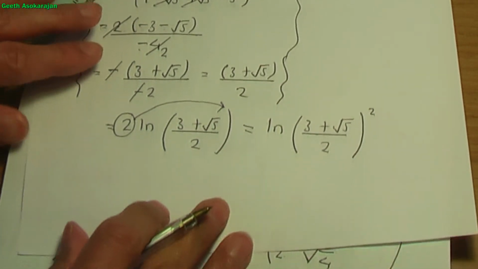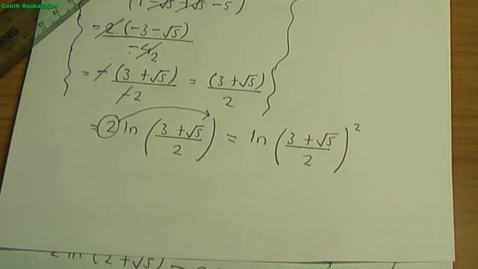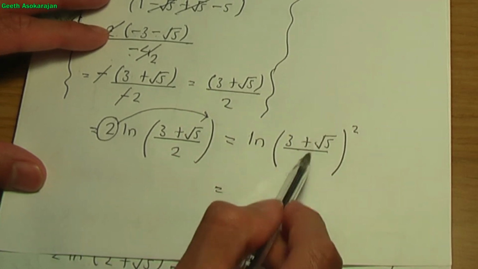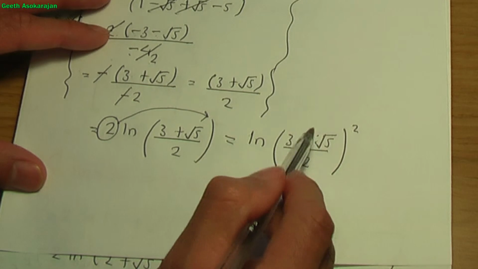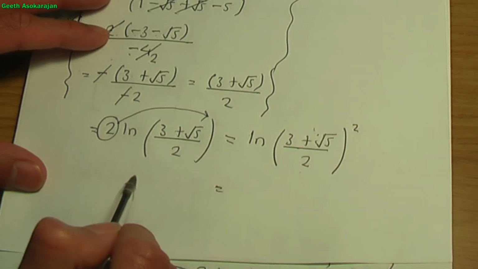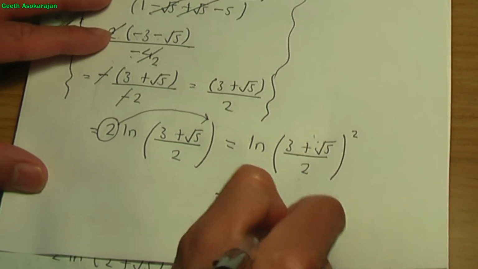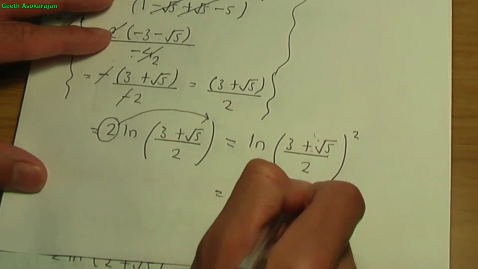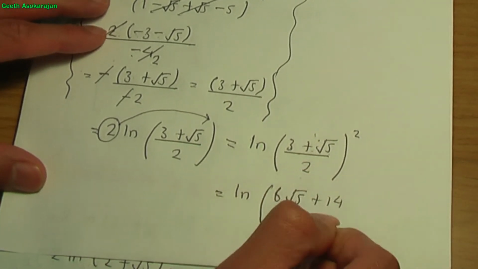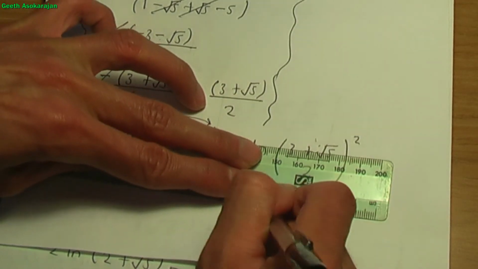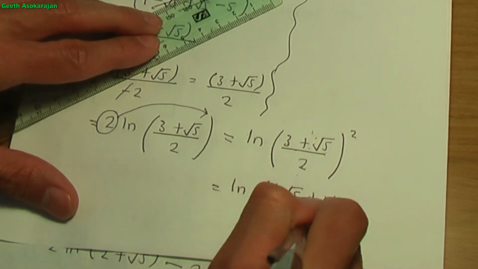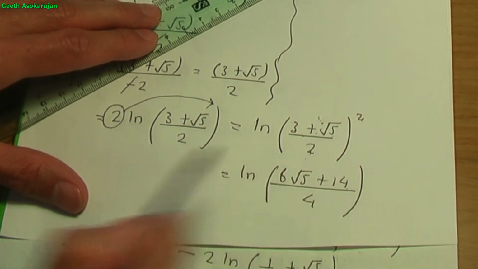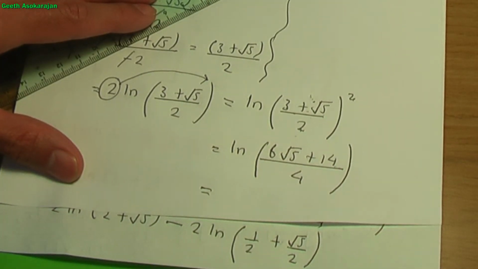That can be achieved using one of the laws of logarithms, namely the power rule. If you square the numerator and square the denominator, you're going to have ln of 3 plus root 5 squared, that will give you 6 root 5 plus 14 when you multiply, divided by 2 squared, which is 4. Now, let's go one stage further and simplify this.